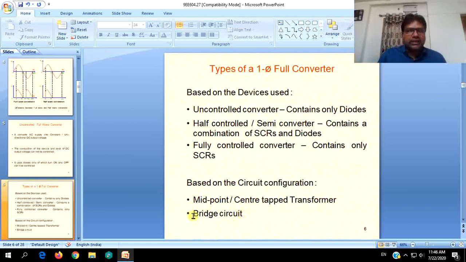This is the most extensively used and most useful one, which will be discussed elaborately in our sessions. In our syllabus, basically we will be discussing full wave conversion. Bridge circuit workings are discussed, whereas in this session I'll try to introduce just the basic concepts of midpoint or center tap transformer also.